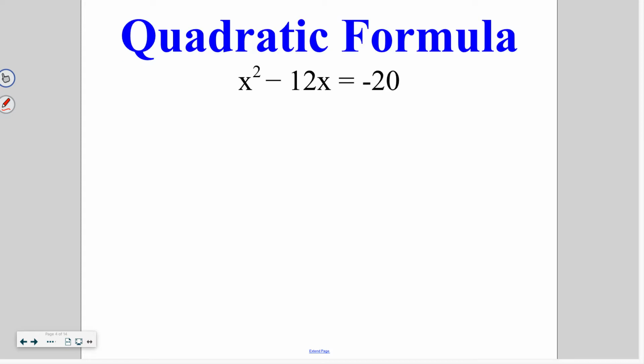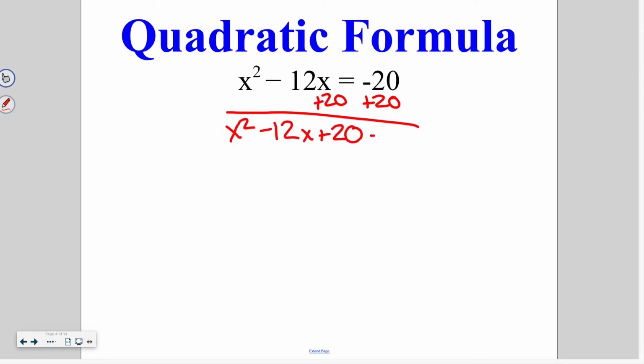So we've got x squared minus 12x is equal to negative 20. Right now my equation is not in standard form, so I need to add that 20 over to the left side of the equation, and I end up with x squared minus 12x plus 20 is equal to 0. I am now ready to plug into the quadratic formula. So I'm going to take the negative, aka the opposite, of my b value.